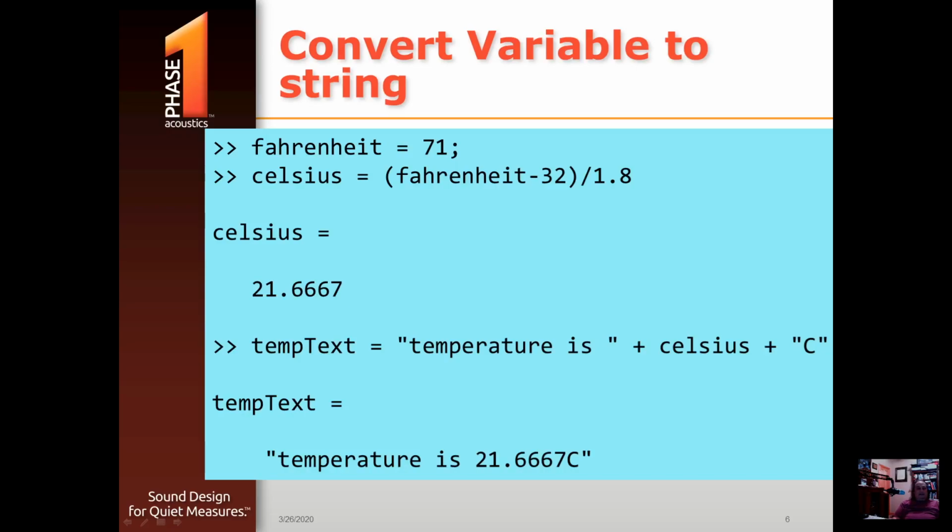So you can imagine if this was in your program, if the value of temperature changes every time you run this, then the text string, if this was displayed or written to a file or displayed to the terminal, would update automatically: the temperature is given as the current temperature C.